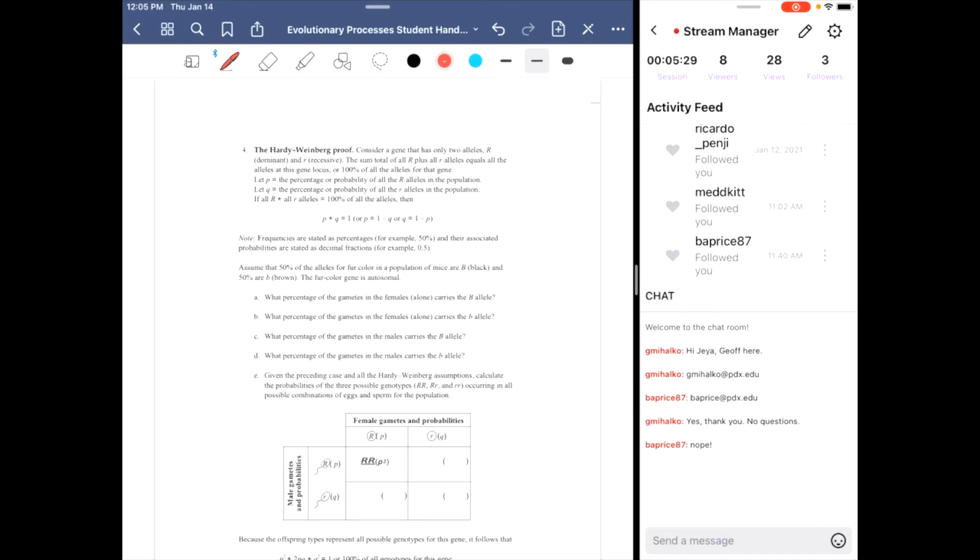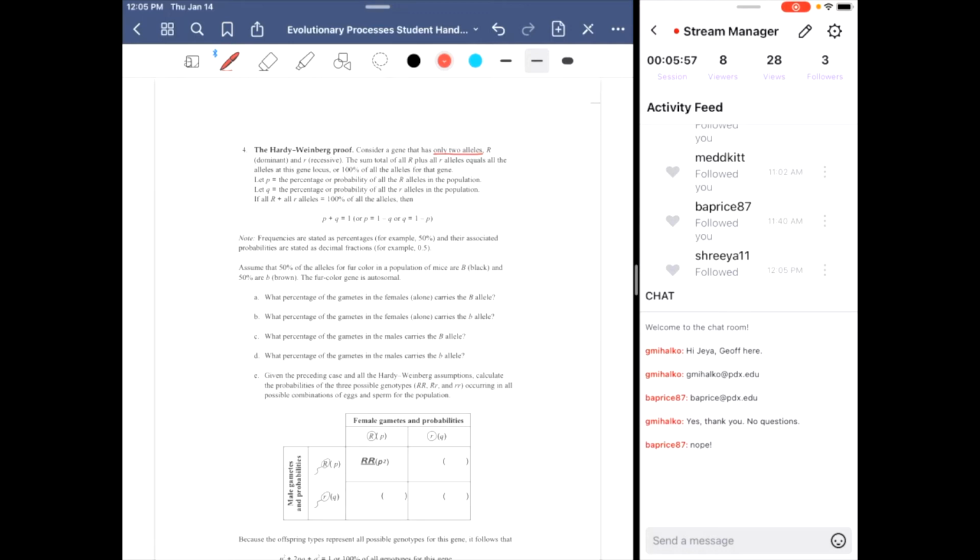Looking at the Hardy-Weinberg proof from a more mathematical and statistical viewpoint. So this question is going to show why the Hardy-Weinberg equation is the way it is. First, let's consider genes that only have two alleles, since the Hardy-Weinberg equation is used for genes that only have two alleles.